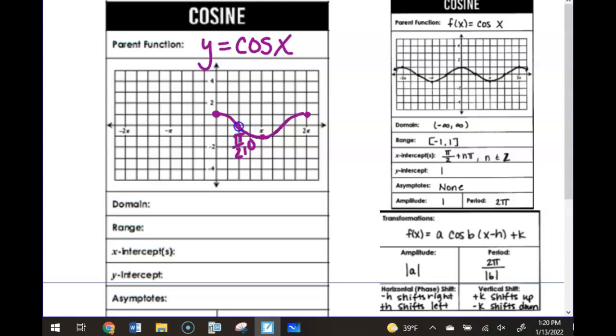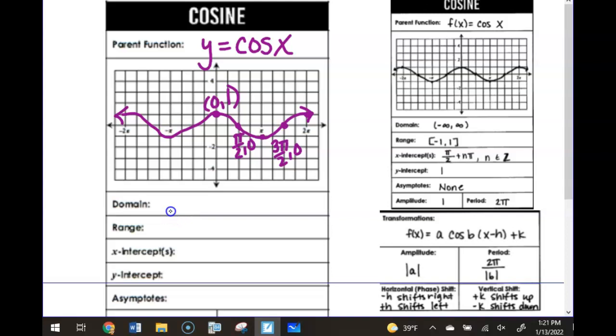I won't write all the ordered pairs this time, but it does cross over here again at 3 pi over 2. This was (0, 1). And it would continue.